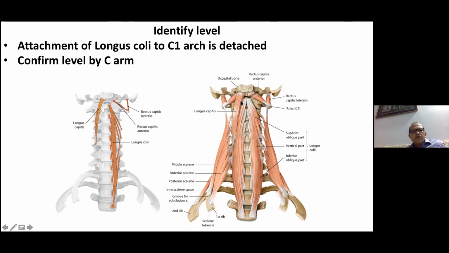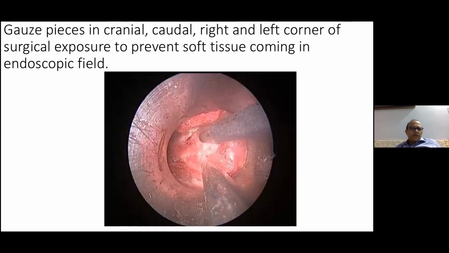Then you can also find out the facet joints, identify them laterally, or if you have any doubt, you use C-arm to find out where is C2, C3 disc space, and which one is C1, which one is C2. So use C-arm if you are confused, or otherwise, once you have sufficient experience, then even watching the anatomy you know where you are.